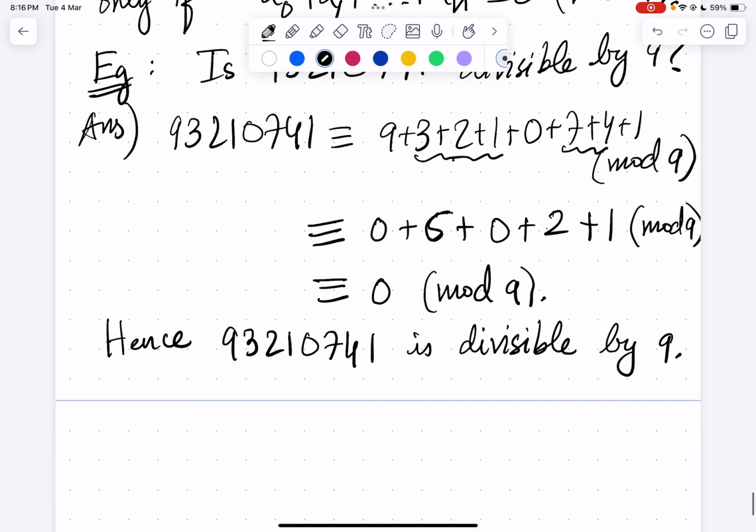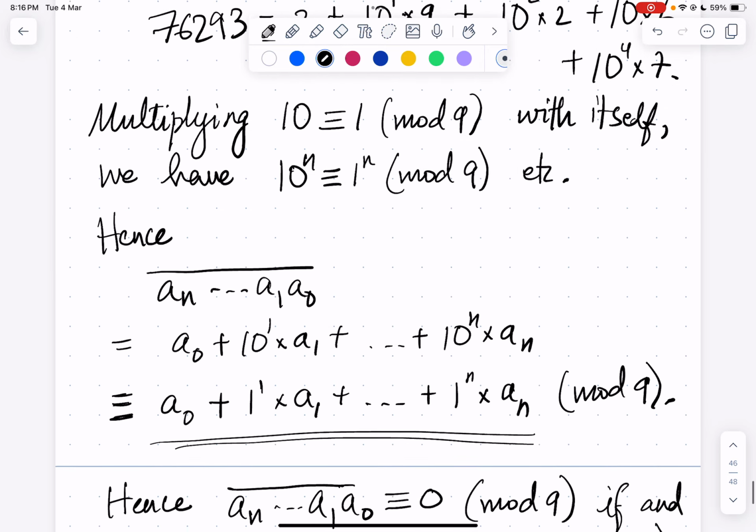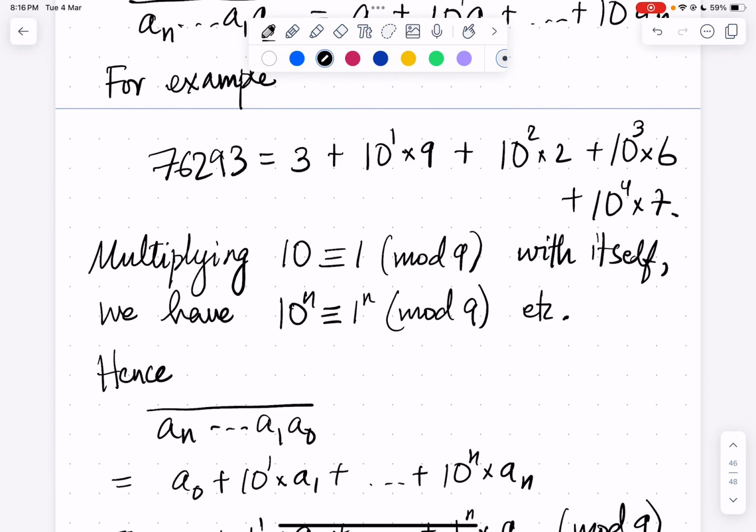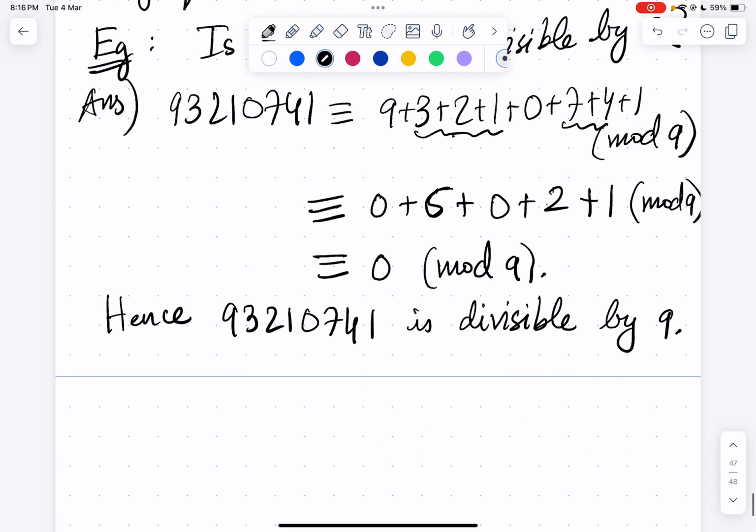And this is again further congruent to 0 mod 9. Hence, the original number is congruent to 0 mod 9, and the original number is divisible by 9. So this is an example of the usefulness of the congruence notation, having such congruences, some weaker notion of equalities.